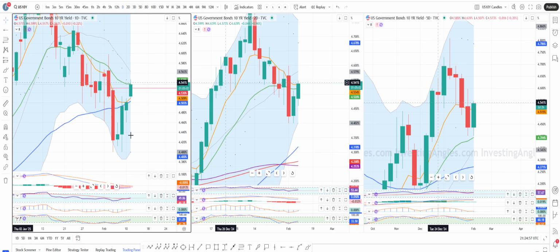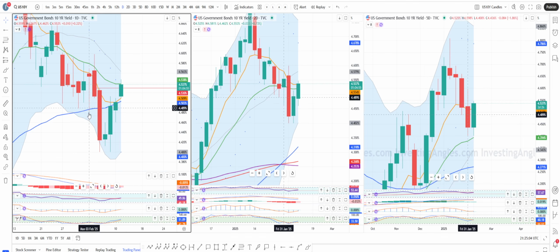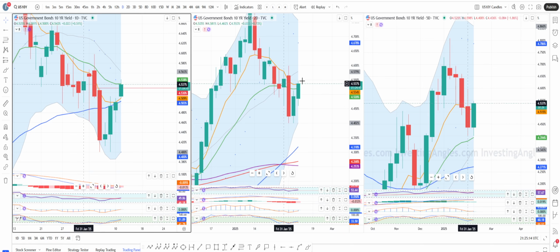And speaking about the 10-year yield, pardon, what we are seeing here is that the candle today is likely to close above this red line, which will form a strong bottom on the daily frame.